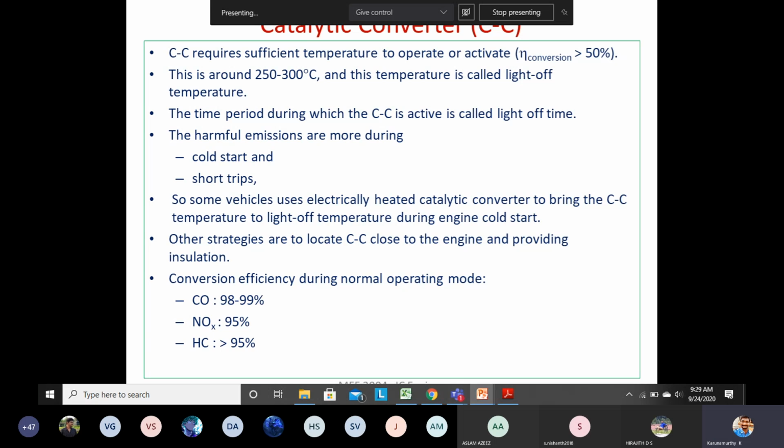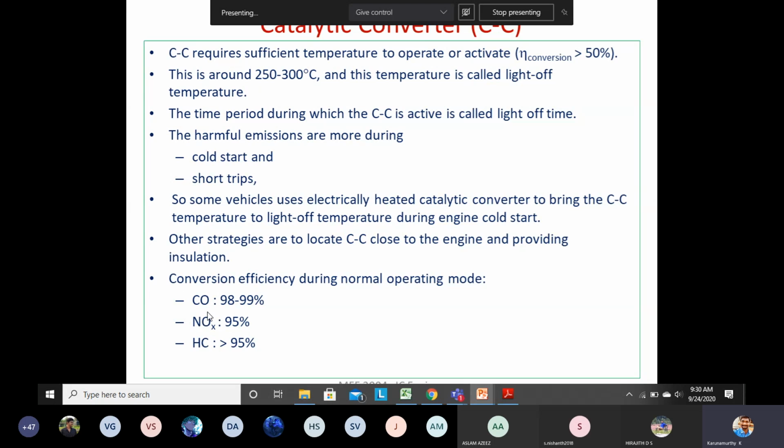So in general, when the engine operates in normal operating mode, the conversion efficiency of the catalytic converter is going to be higher because the temperature is more than the light-off temperature. It converts almost 98% of the carbon monoxide into carbon dioxide, and the NOx also is getting reduced.